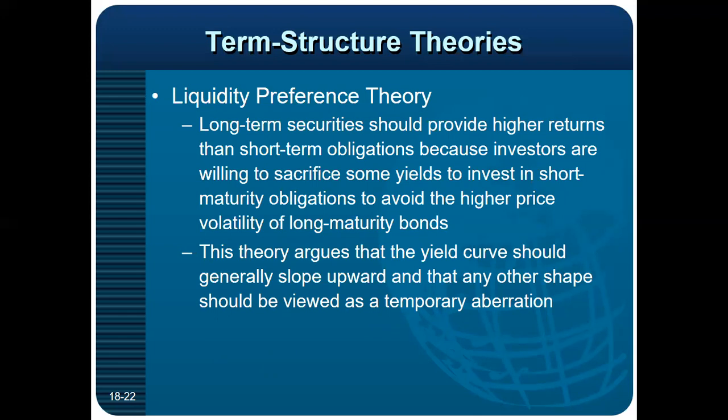So basically, this theory argues that the yield curve should generally slope upward and that any other shape should be viewed as a temporary aberration. So it does not follow the expectations hypothesis, because the most important thing is the higher return.